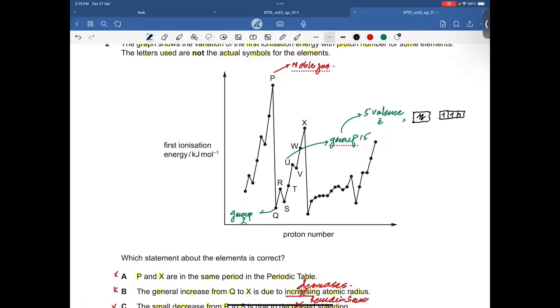Whereas this V is basically group 16, and so it has 6 valence electrons.